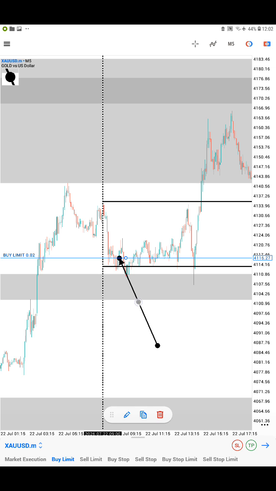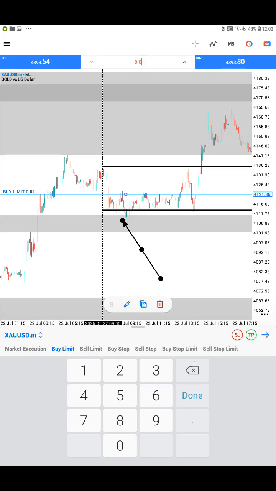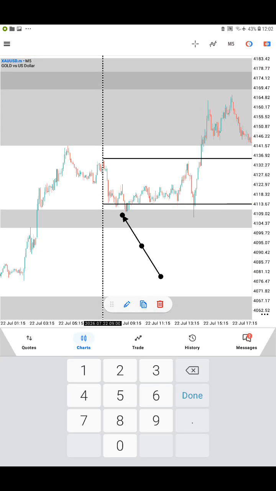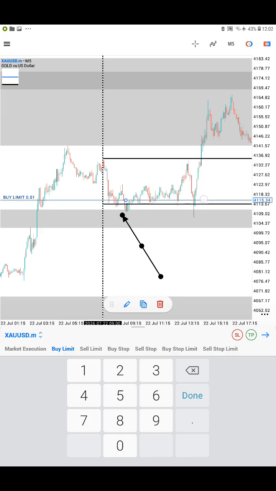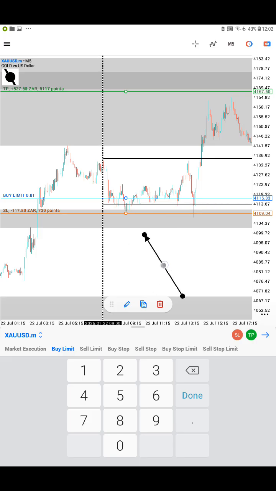After this candle closed right there, and then your stop loss, let me change the lot size. Okay, so you will get something like this.